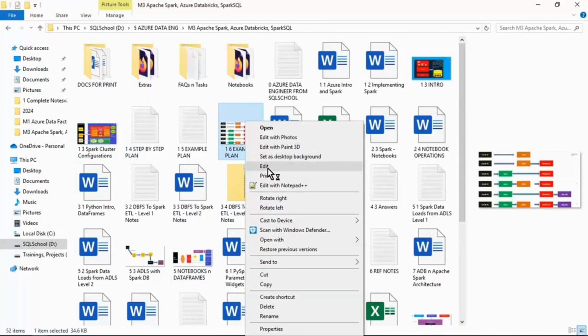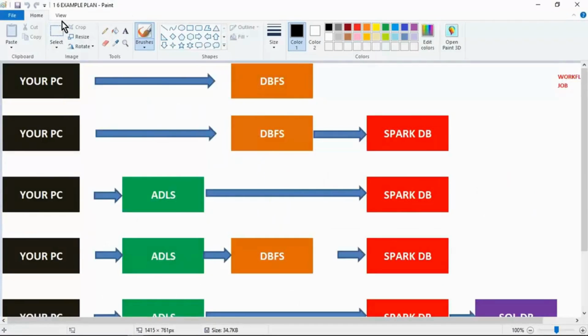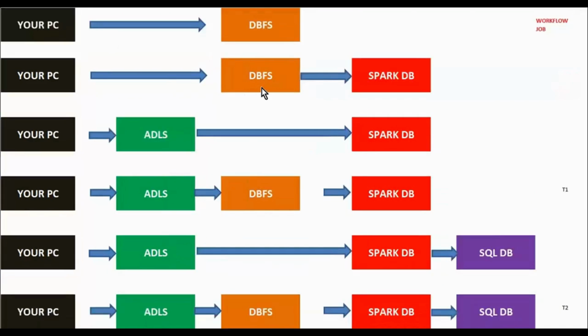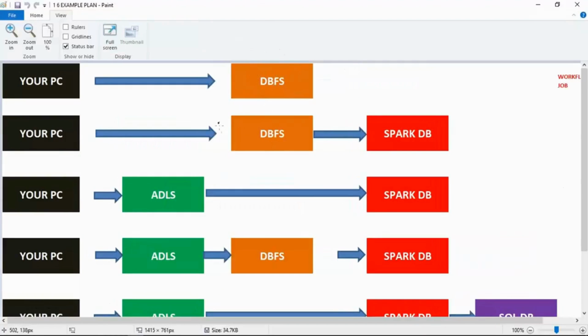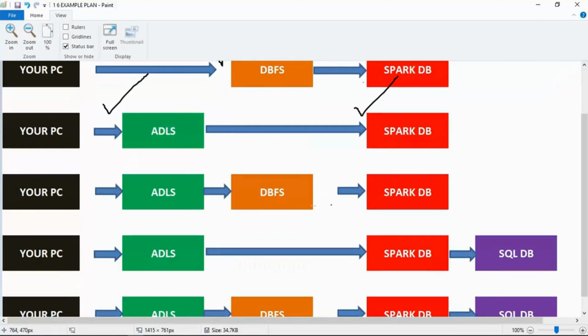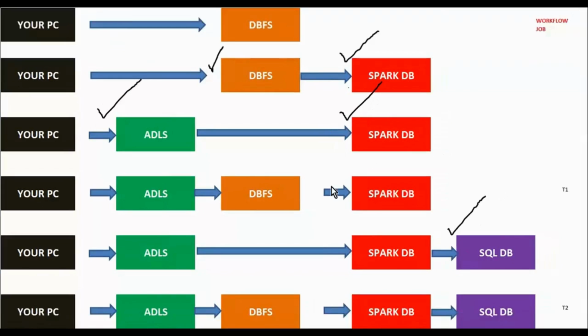In our examples, we have been learning how to create a data frame, say spark.read.csv. We got one data frame, aggregated the data, then another data frame to load the data, one data frame to capture ADLS data, another data frame to store the data into Spark DB, temporary views, or a data frame to write data to a SQL database.